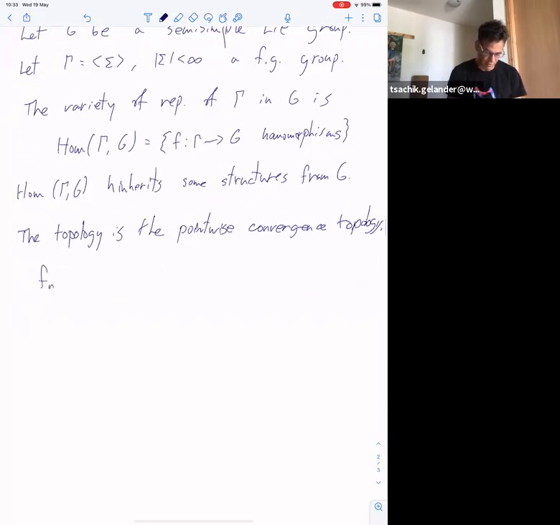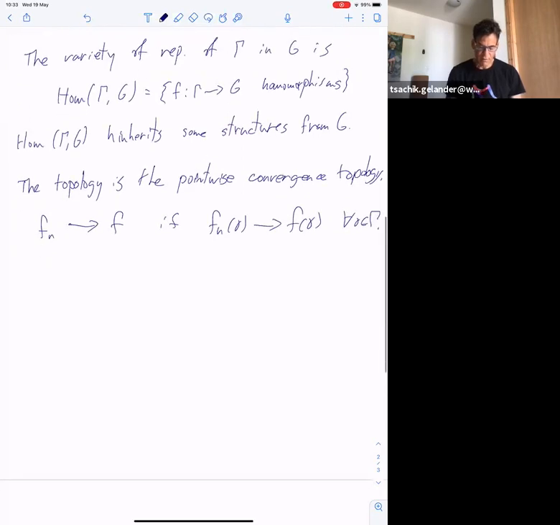That f_n converges to f if f_n(gamma) converges to f(gamma) for every gamma in gamma. But it's enough to check this for the generators. So you can think of Hom(gamma, G) as a subset of G to the sigma, if sigma is a generating set.